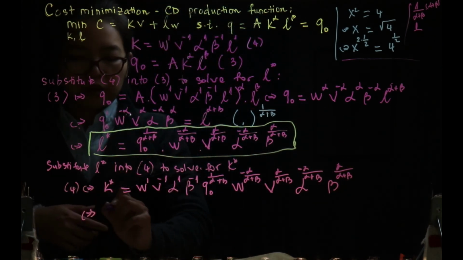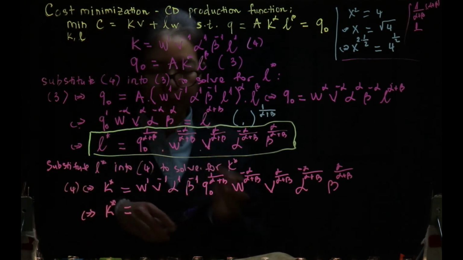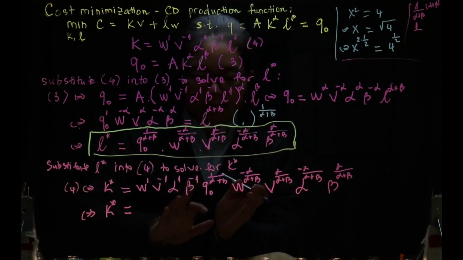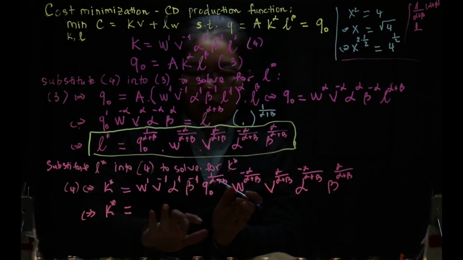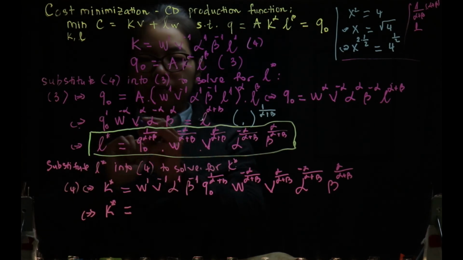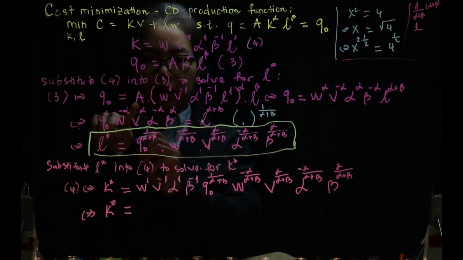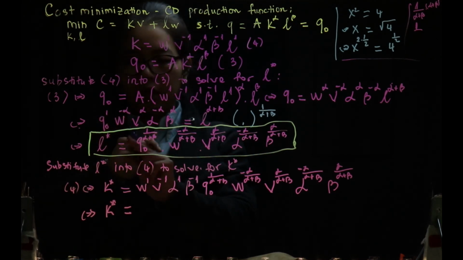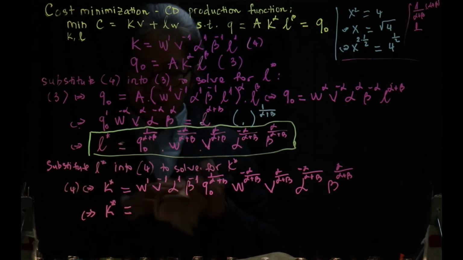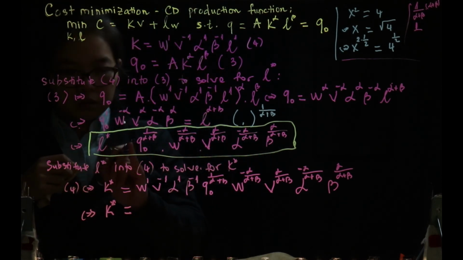let's simplify it further. So that means K star will be, doing it step by step, I missed something here. So here we still have A over there, right?